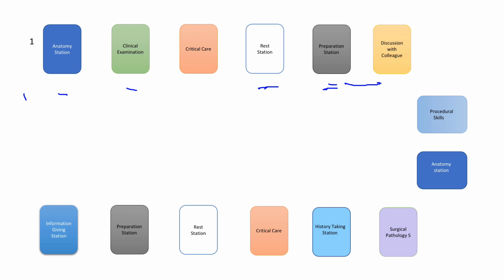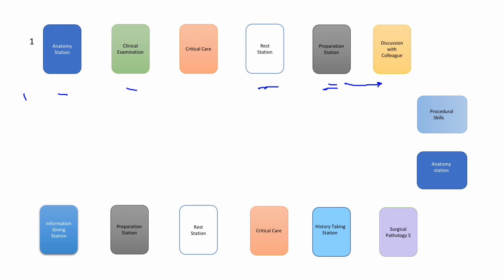Then you go to the next station and you discuss this information with a colleague. You give him information that this is the patient and he came with these symptoms, then we diagnosed this, we did these labs. This is actually one station.